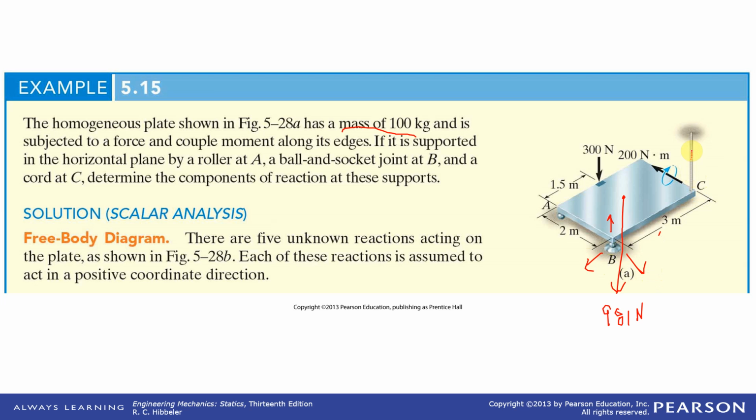C, you'll have a vertical force. Let's see. A roller at A, which means only a vertical force. Ball and socket at B, and a cord at C. Okay.